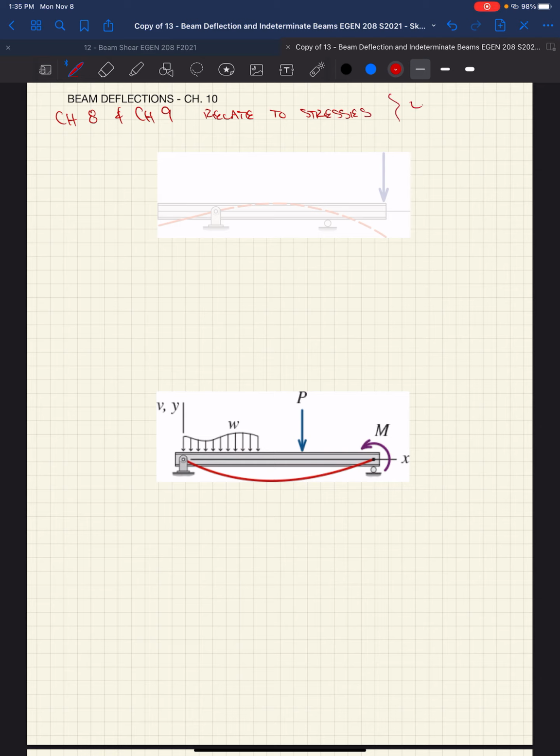All about life safety, really amounts to strength. And all of the stuff that we've done in chapter 8 and 9 with respect to bending, chapter 8 was bending, chapter 9 was shear, we were calculating stresses based on applied forces.